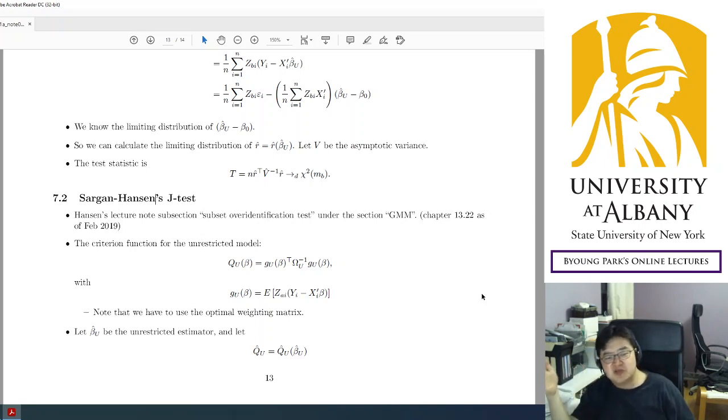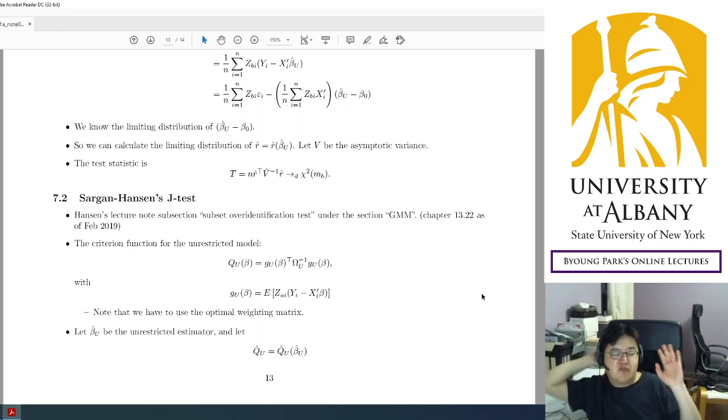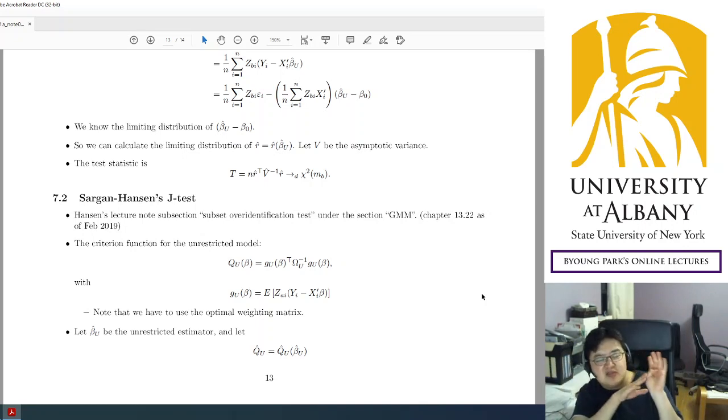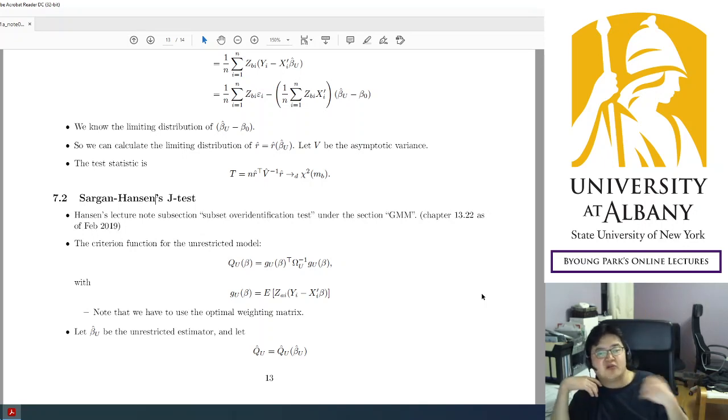But in the restricted model, you include all the instruments. Of course, you include surely valid instruments and also uncertain instruments. This will make more moment functions and give you the criterion function for the restricted model. Using the unrestricted model's criterion function, you can minimize the criterion function.